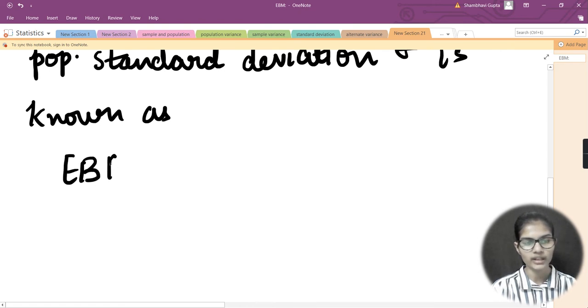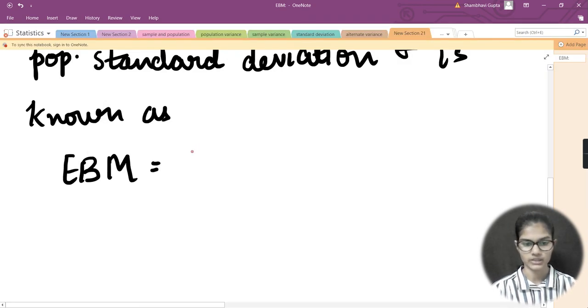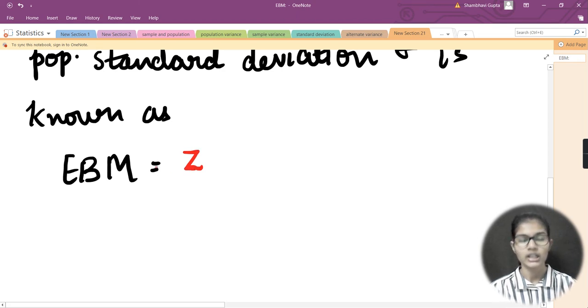Now what's the formula for finding the EBM? For that I would take a different color so that it is properly visible. Z is what we had already seen in the Z scores, the Z score. In the subscript for Z, I would write alpha by 2. This was the denotation for the Z scores; we had seen the left portion and the right portion in the Z scores video, if you remember.